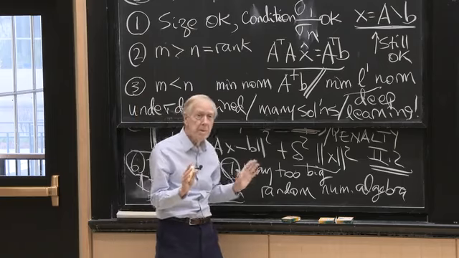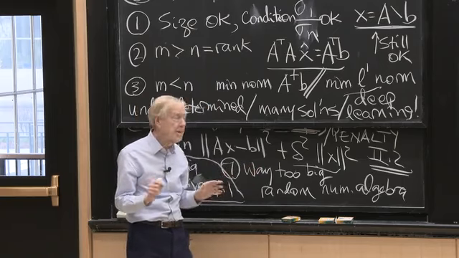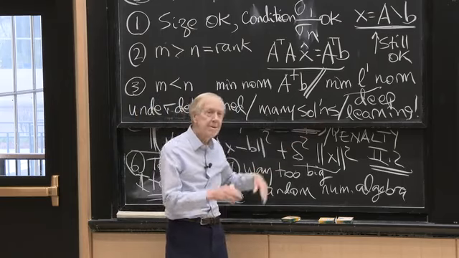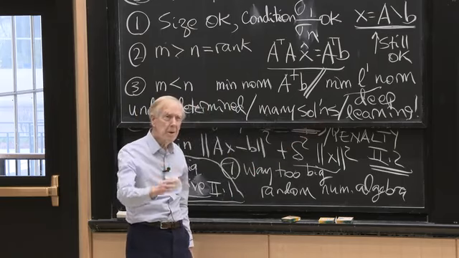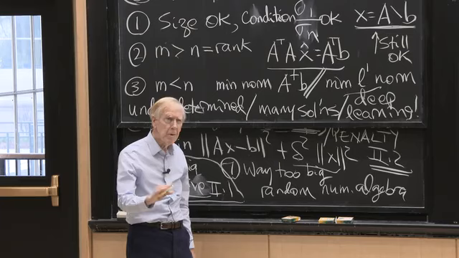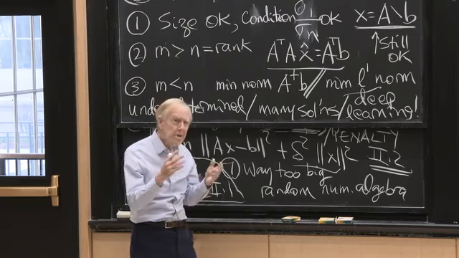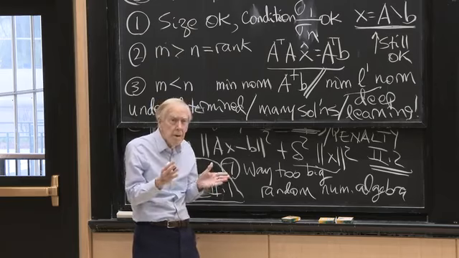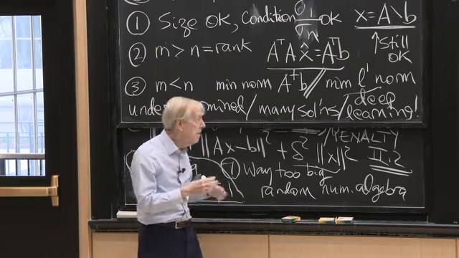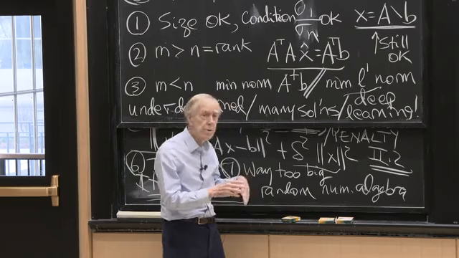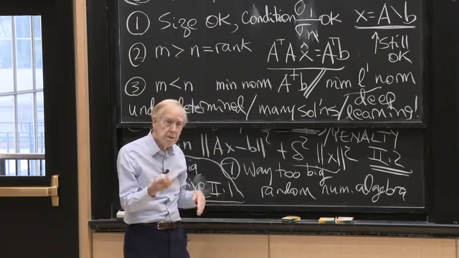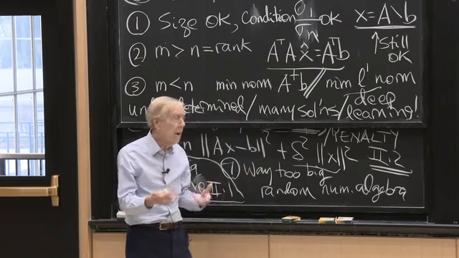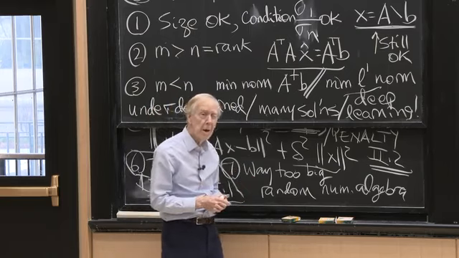So that's the big question in deep learning. How does it happen that by doing gradient descent or whatever algorithm, that algorithm sort of biases the solution? It's called implicit bias. How does that algorithm bias the solution toward a solution that generalizes, that works on test data?